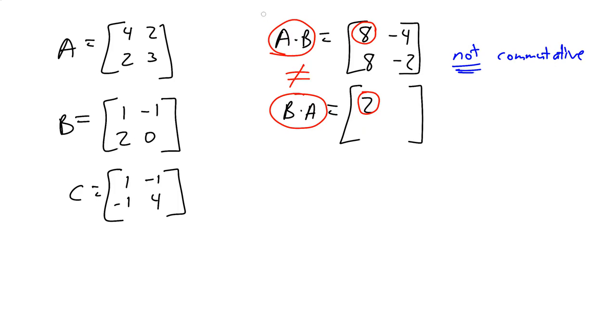But in general, right, if you have an M by N and a P by Q, and you know that N is equal to P, well, it might be that N does equal P, but M doesn't equal Q, in which case you can't even do the operation the other way, right? But even if you can do the operation both ways, if you work this out, this is what we're going to get here. And those are clearly not the same.